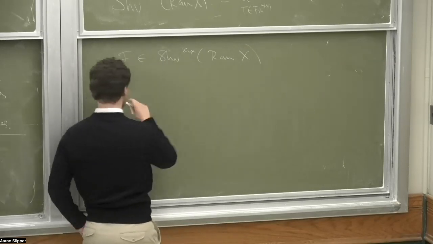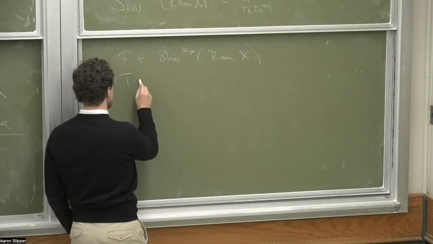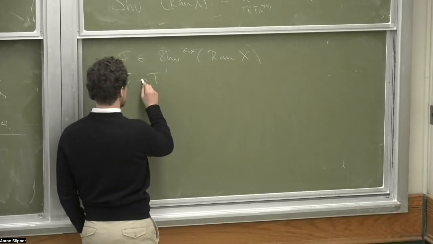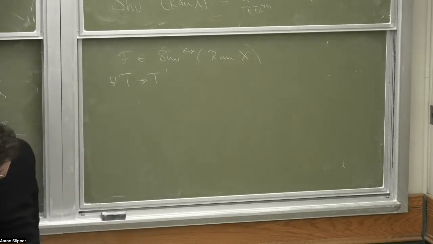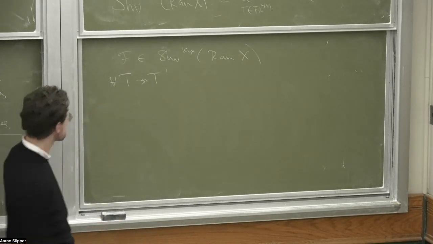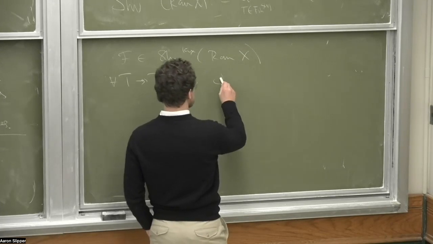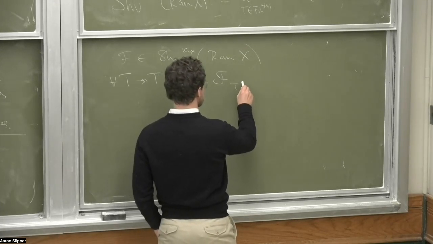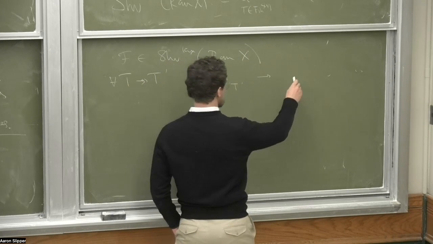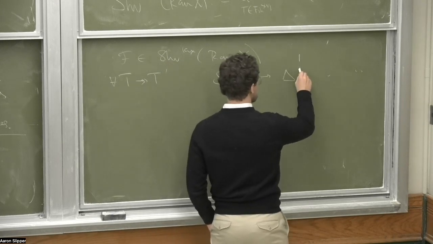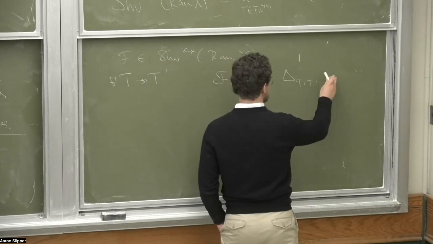X for them equals T prime. There is a map, those strict fullback.